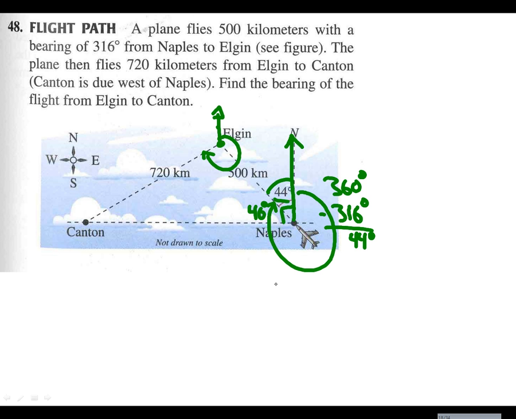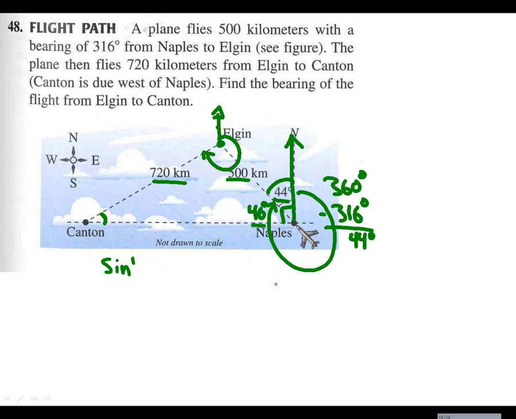And then we can go in here and we can also figure out this angle in here. How would we figure out that angle? Well, we know a couple things. We know two sides. And we know an angle. So we can use our law of sines.